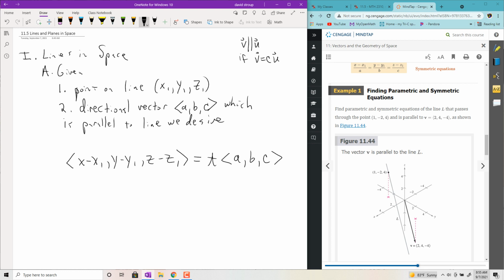Not given in the book would be the vector equation of a line. So usually in other books they'll give it as, what is it? r of t equals, what do we have?